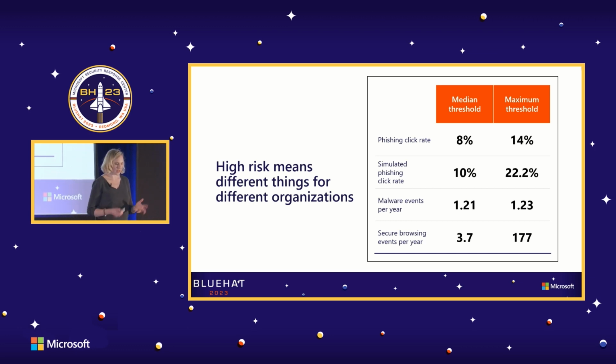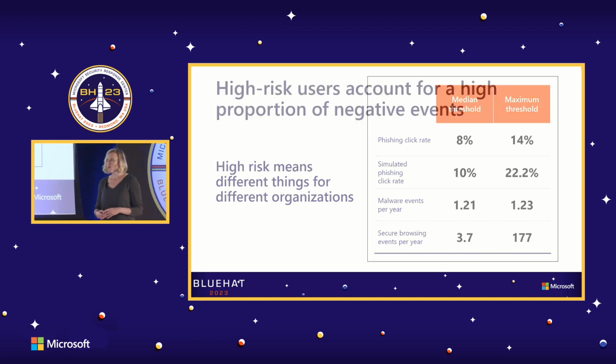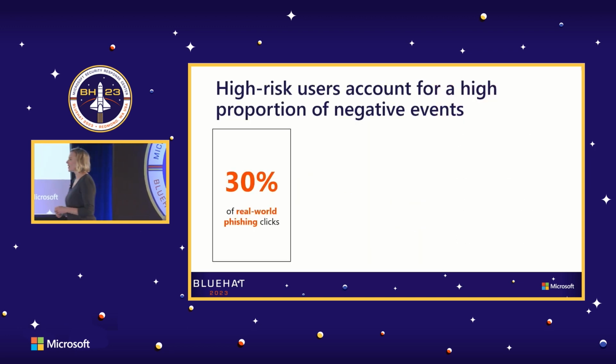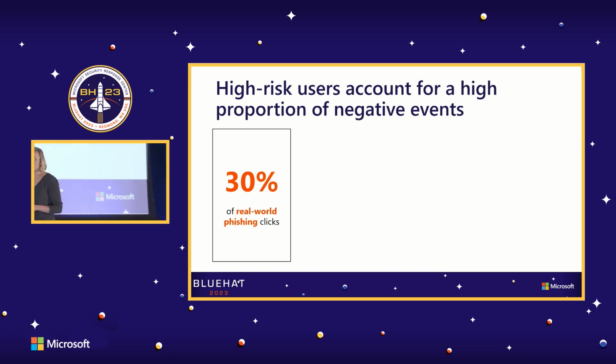So why do we care about these high-risk employees other than they're making mistakes? We found that high-risk employees account for a disproportionately large number of negative events. These are the people that make security into a janitorial job, where we are constantly cleaning up after these people's mistakes.